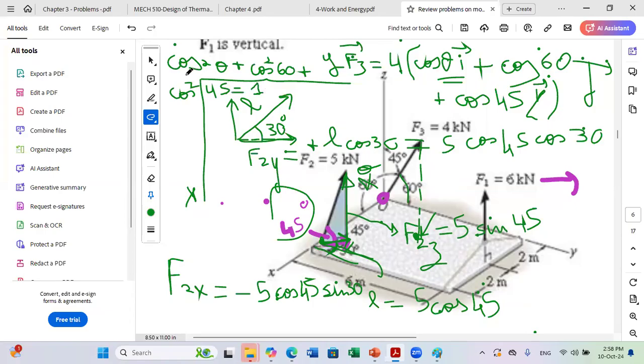Okay? And now from this relation, we can say that cosine square theta can be determined. Now we just have to select if we take theta larger than 90 or smaller than 90.